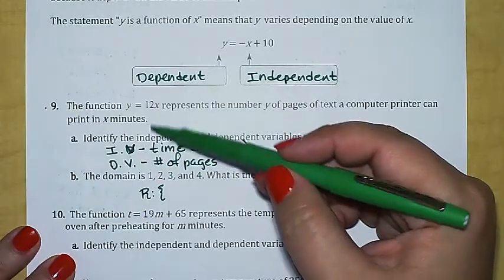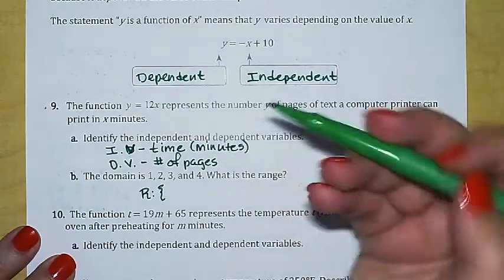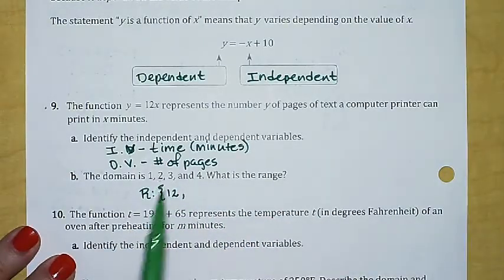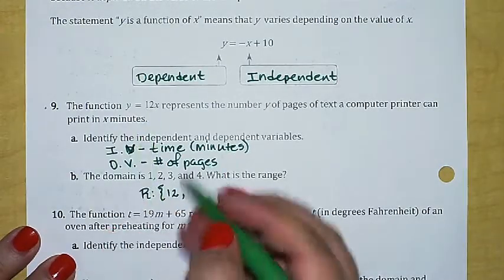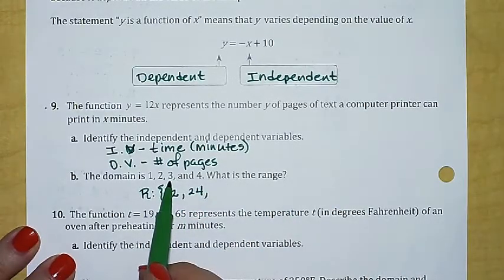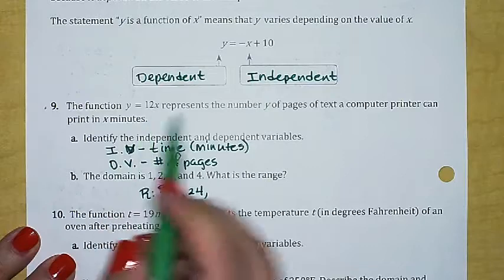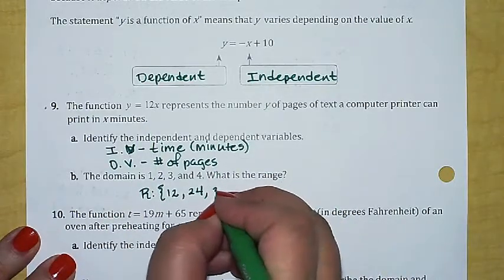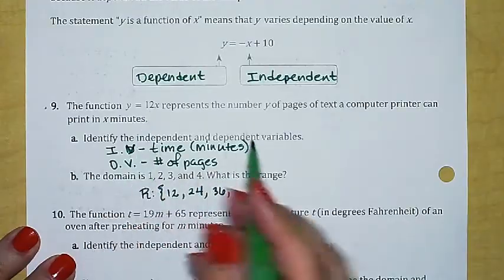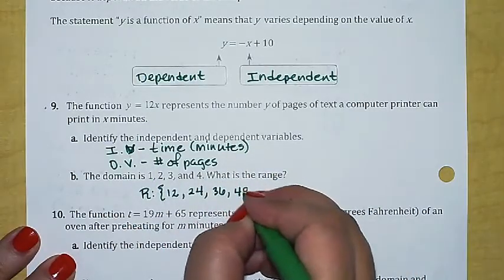If the domain is 1, when I plug in a 1 here, 1 times 12 is 12. So I know 12 is an output. When I plug in a 2, 2 times 12 is 24. So I know 24 is one of the outputs. If I plug in a 3, 3 times 12 is 36. So 36 is an output. And if I plug in a 4, 4 times 12 is 48.